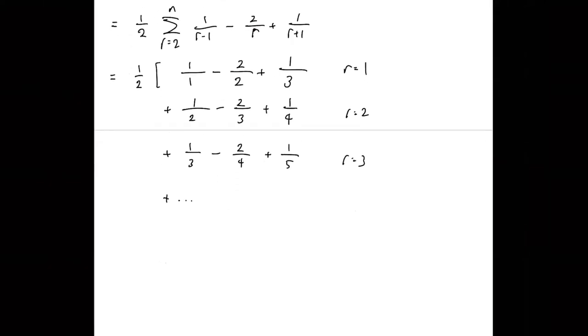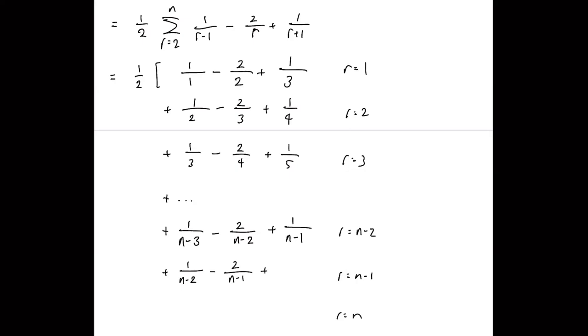Then next, last 3 terms, n minus 2, n minus 1, and n. So plus 1 over, if r is n minus 2, we will get the following: n minus 2 plus 1, n minus 1. Then next one will be n minus 2 over n minus 1 plus 1 over n.